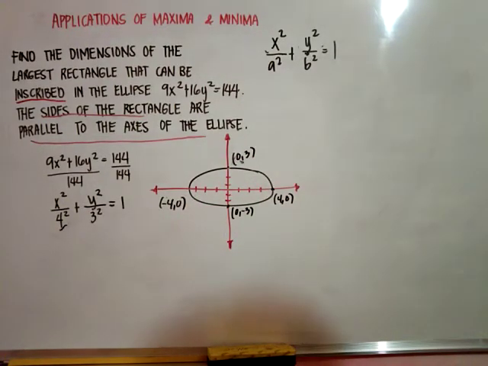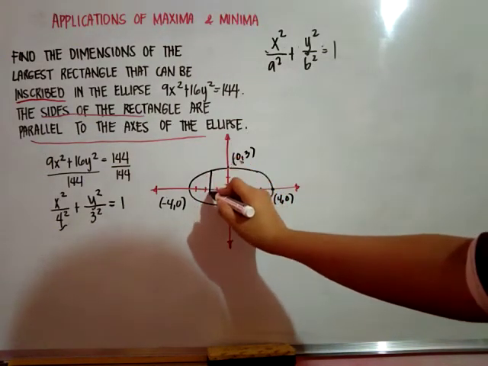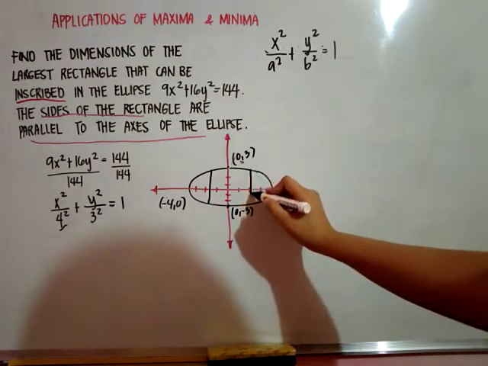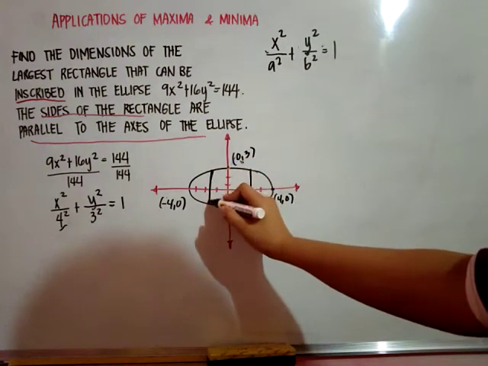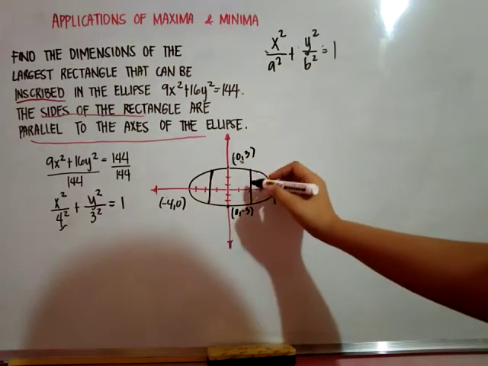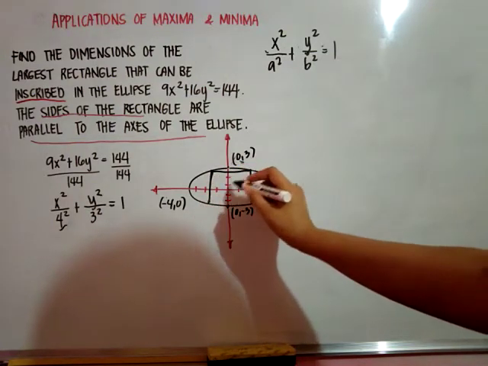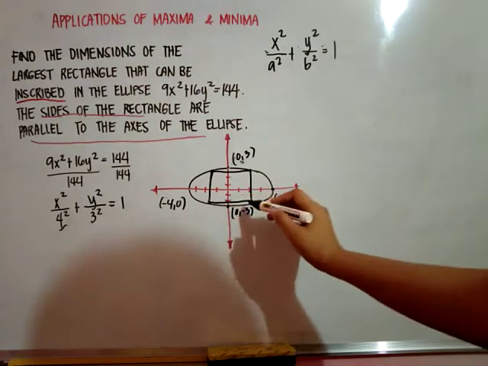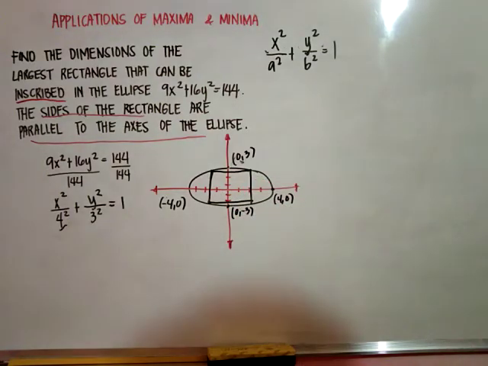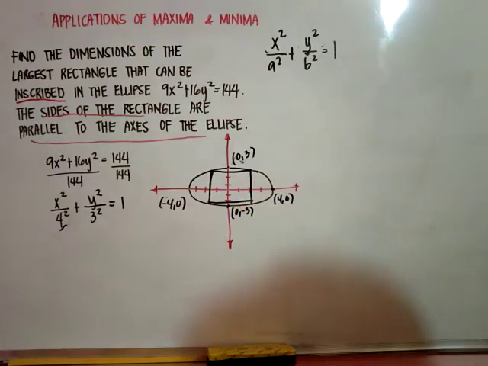So the rectangle should be parallel to these axes. Meaning, it's not tilted, it's just parallel. So these sides here, wherein the height of our rectangle is parallel to the y-axis, and the base of our rectangle is parallel to the x-axis. So therefore, we have the figure.